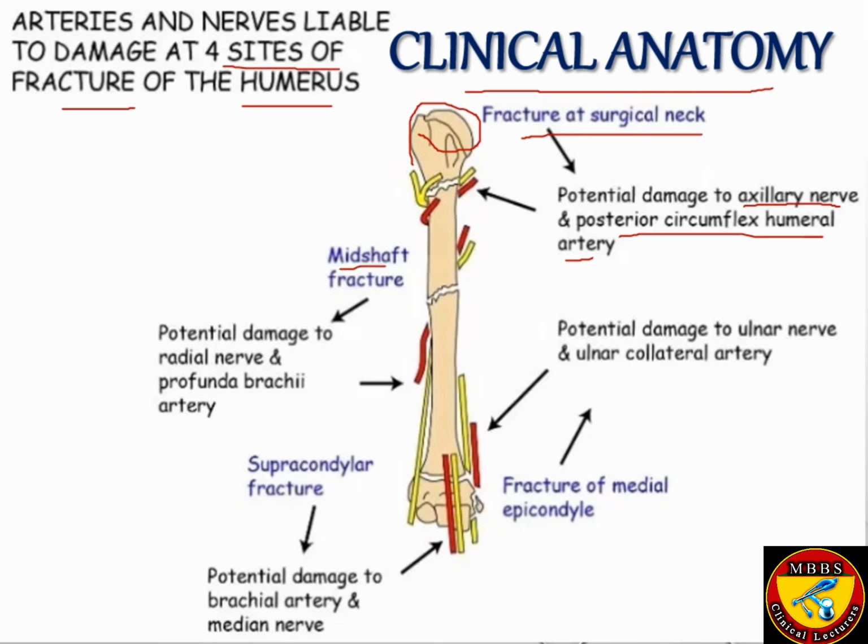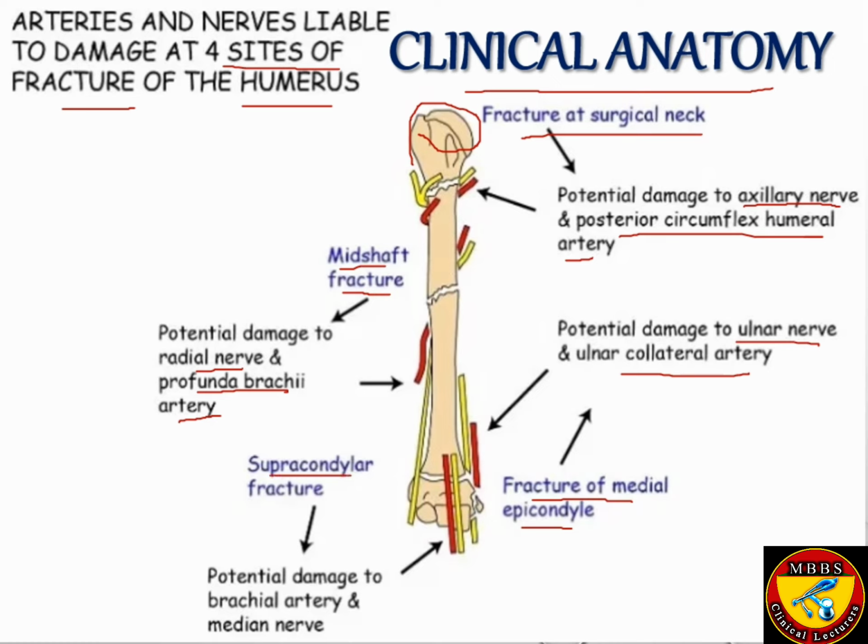Then the midshaft fracture. If a midshaft fracture occurs, there is potential damage to the radial nerve and profunda brachii artery, which go posterior to the midshaft. When a fracture of the medial epicondyle occurs, there is potential damage to the ulnar nerve and the ulnar collateral artery, which both pass posterior to the medial epicondyle.